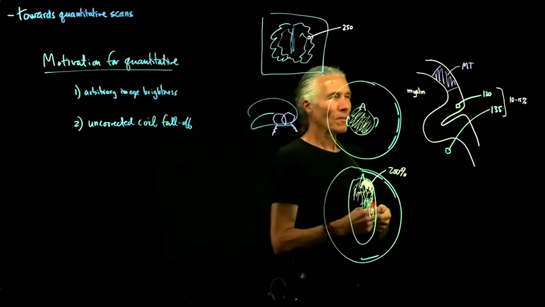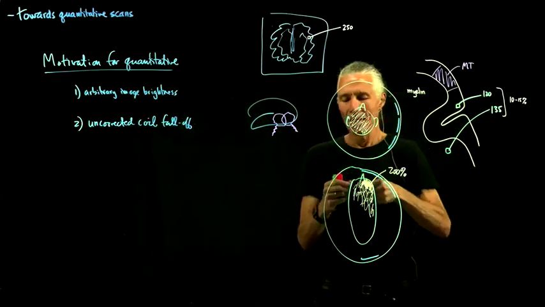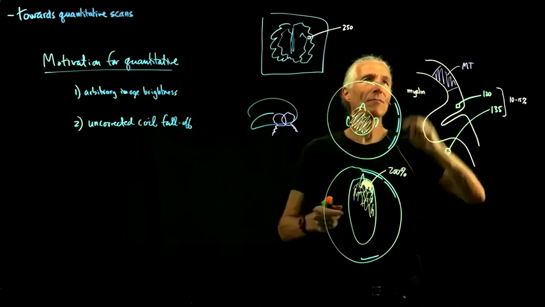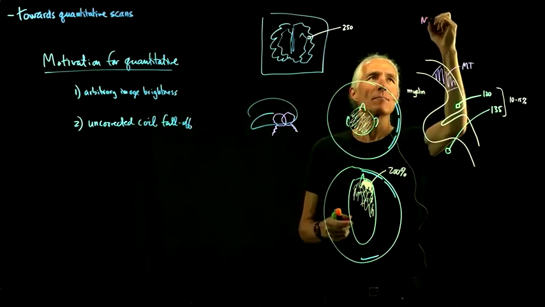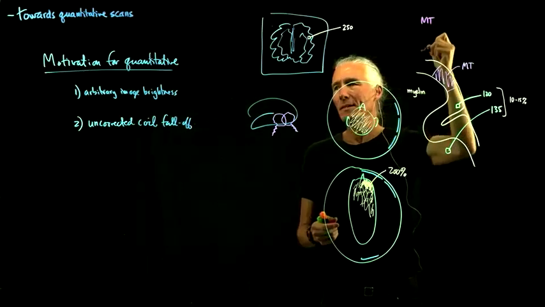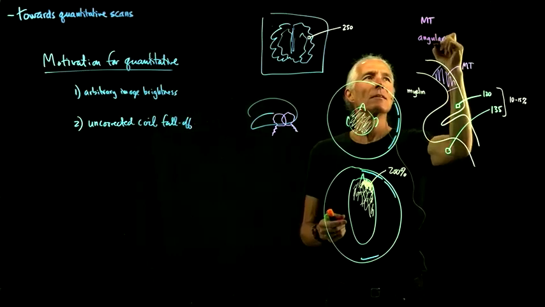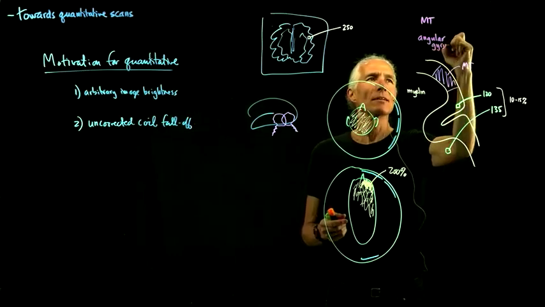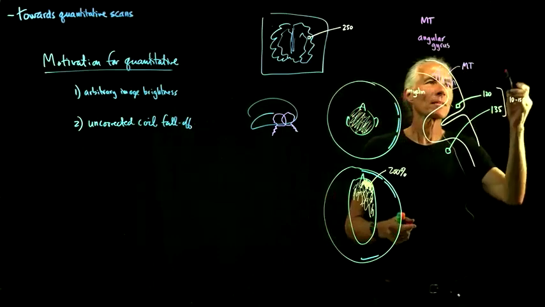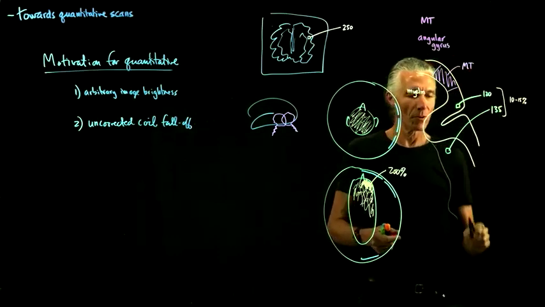So what are some of the kinds of differences we're looking at? Well, MT is one of the most myelinated areas in the entire cortex. And if you look at another area, the angular gyrus, that's a very generic area, but basically, where are those things?